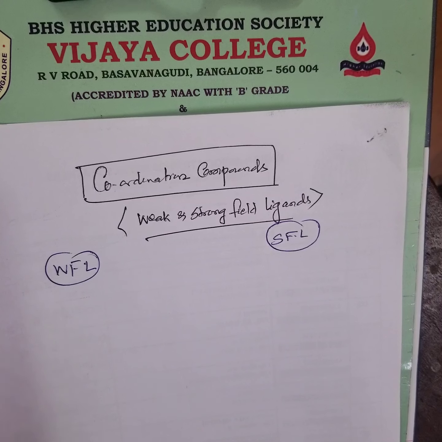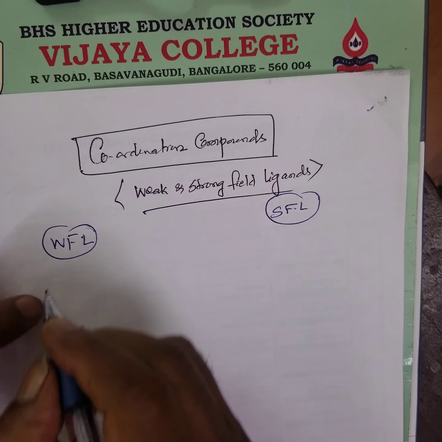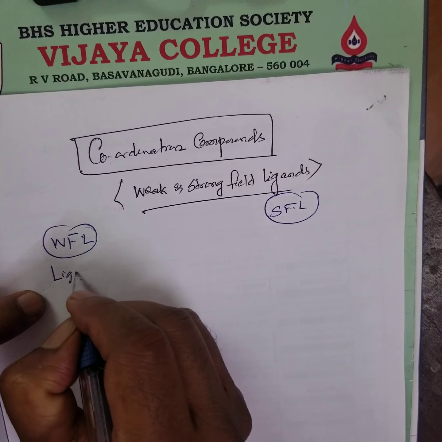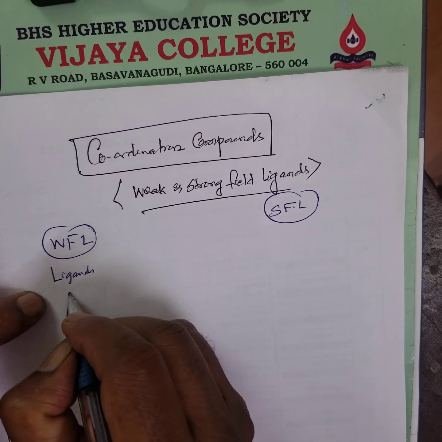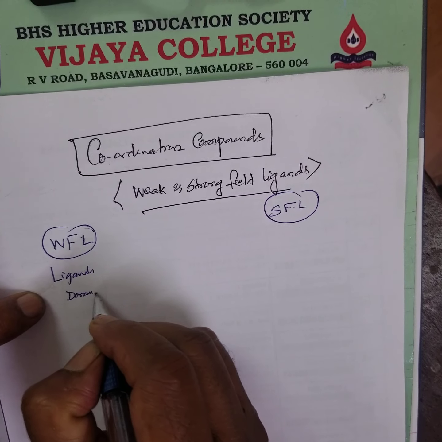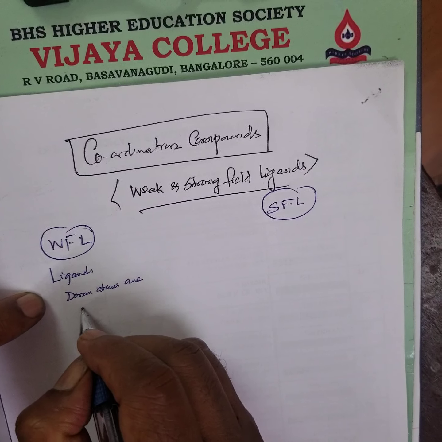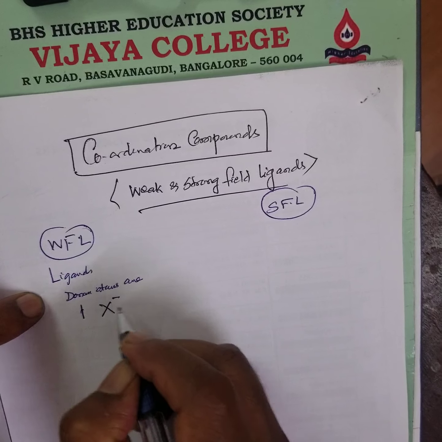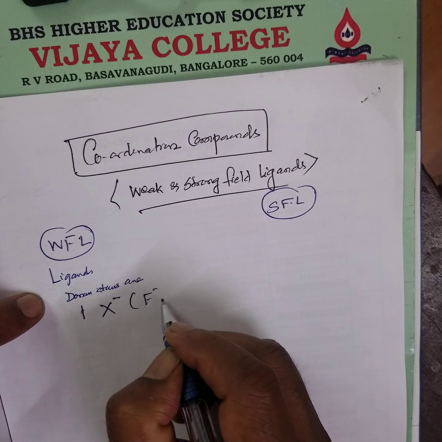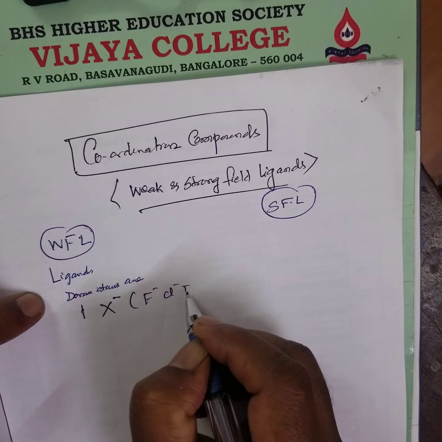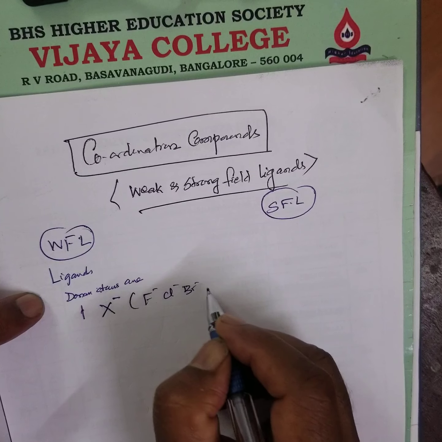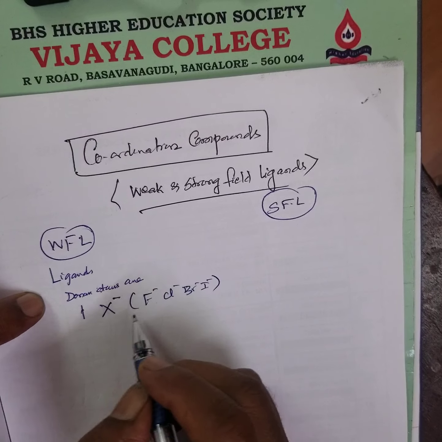Here the ligands, the donor atoms are halogens, that is fluoride, chloride, bromide and iodide. It's called halogens.